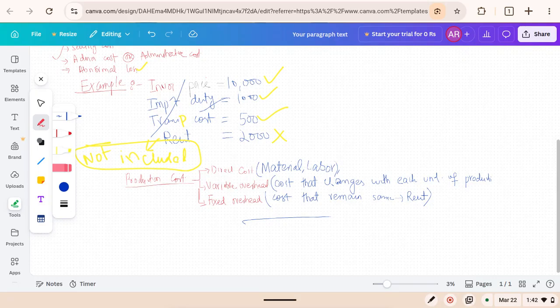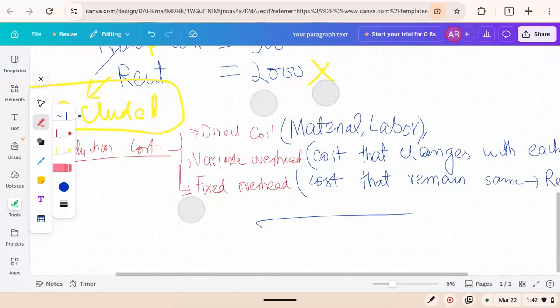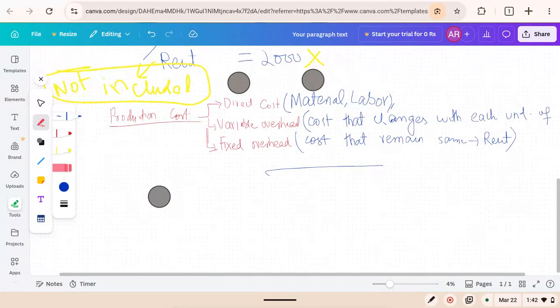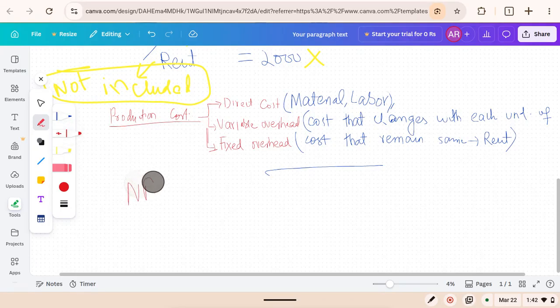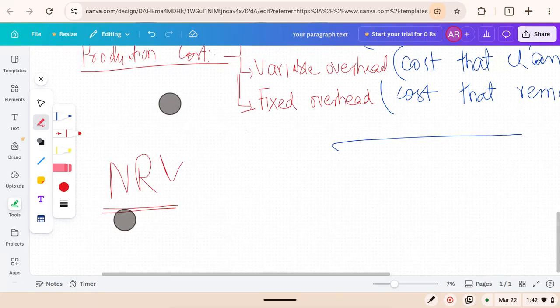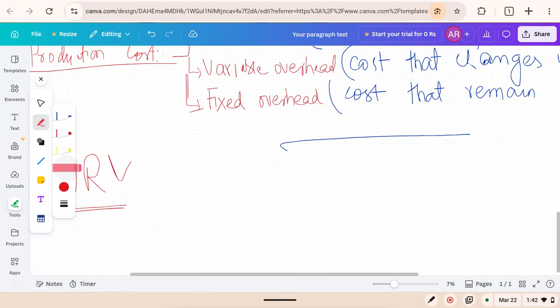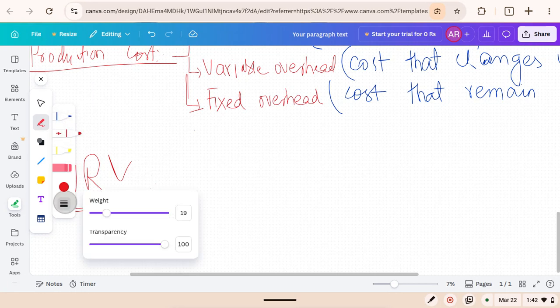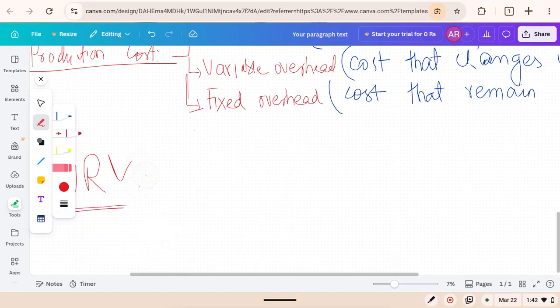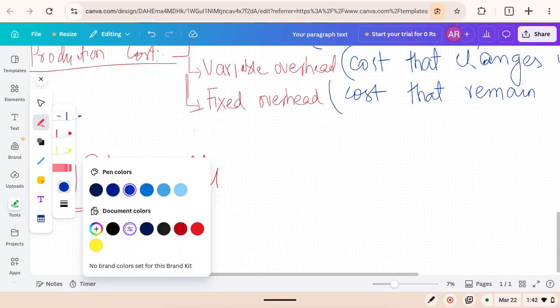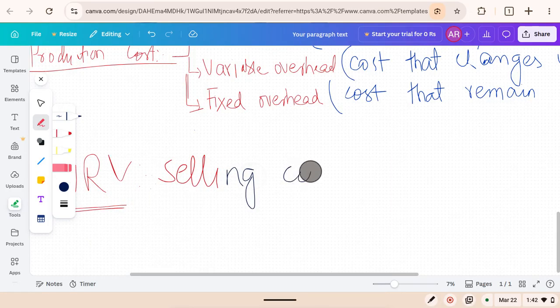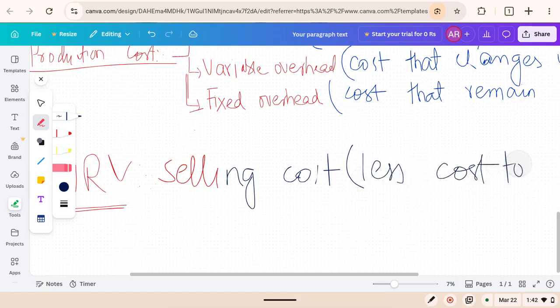NRV means selling price less cost to sell.